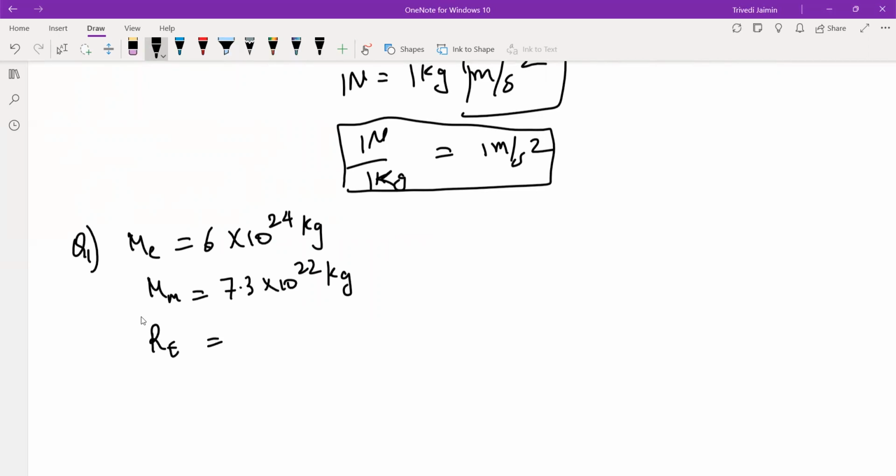Radius of Earth is as usual 6.4 into 10 to power 6 meter. Radius of Moon is 7.4 into 10 to power 6 meter.